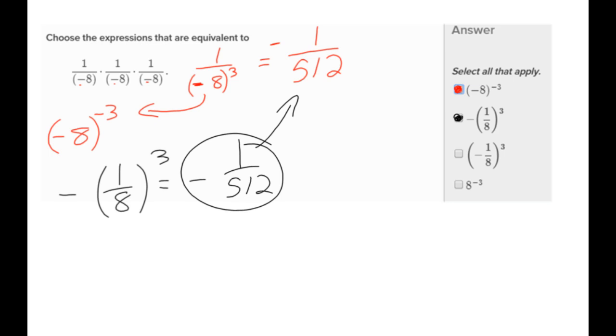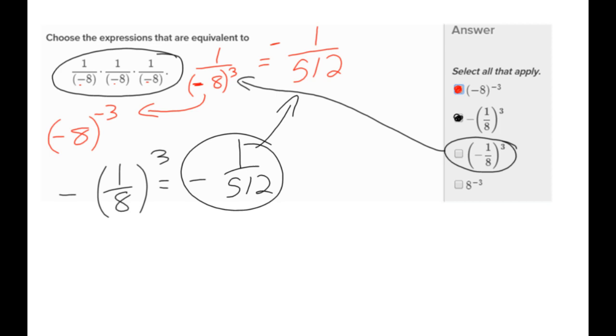My second one here, some of you might say that these are the same. Some of you would say, oh no, they're not the same. Well, the results would be the same. A negative 1/8 times a negative 1/8 times a negative 1/8 is the same result of what you would have there. So that is going to be as well.